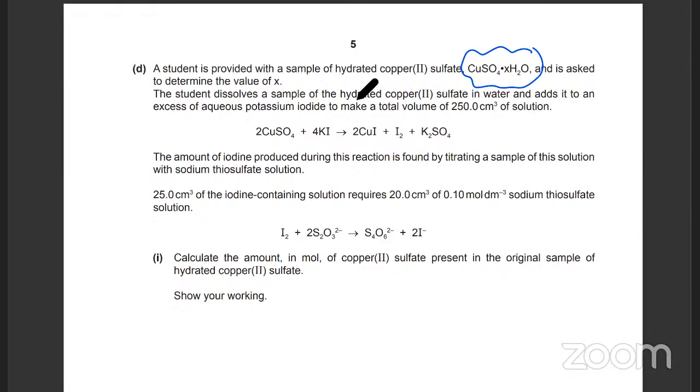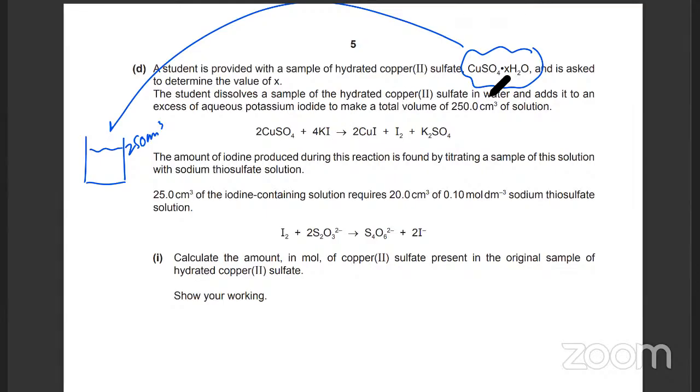First thing, just sketch what's happening. There's a sample of this thing, and he's making it into a 250 cm3 solution of copper sulfate. Then he adds potassium iodide to this.